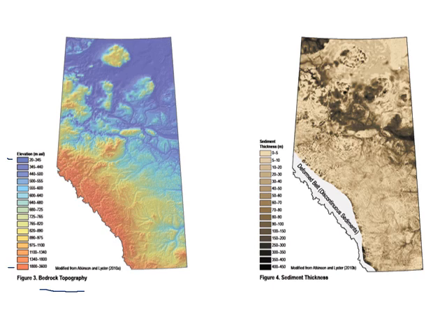On the right side, you see the sediment thickness, and this is basically the Quaternary sediments. So these are the tills, the glacial fluvial sediments, maybe the Aeolian sands.